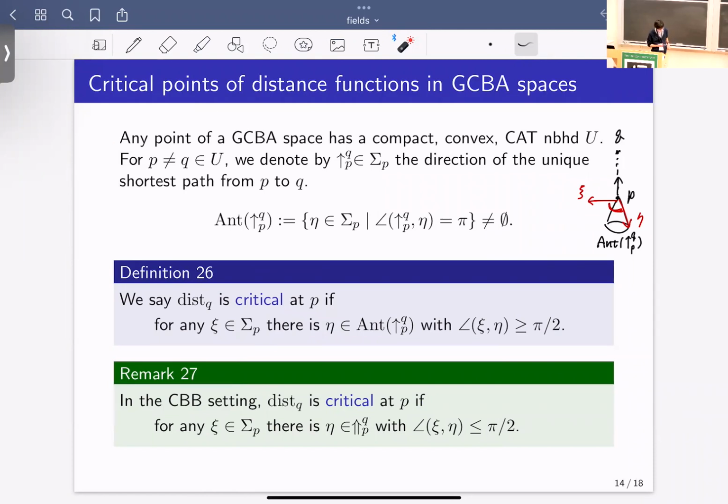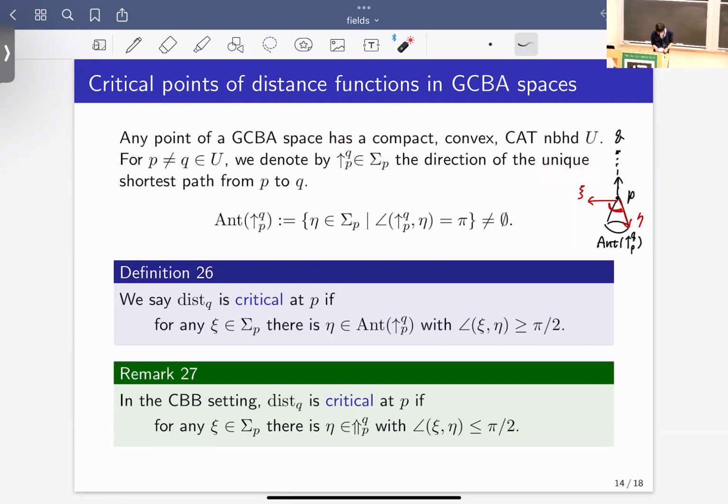First note that any point of a GCBA space has a compact convex CAT neighborhood U. This immediately follows from the definition of a GCBA space. And for any points P and Q in U, we denote by this arrow the direction of the unique shortest path from P to Q. Here, the uniqueness follows from triangle comparison.